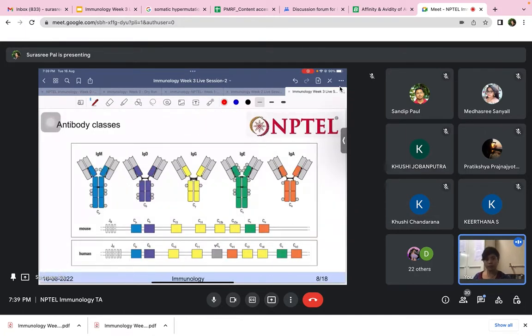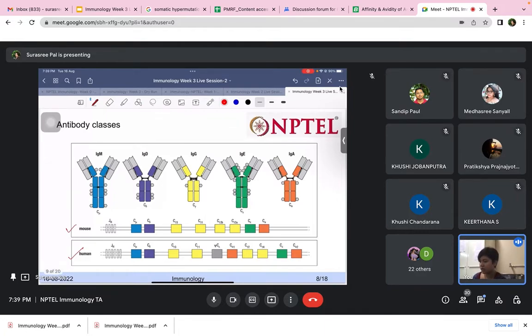And also one more diversity of the antibodies is provided by several antibody classes, which are determined by the constant region of the antibody, right? So here you can see in the mouse and the human genome there are several constant regions.